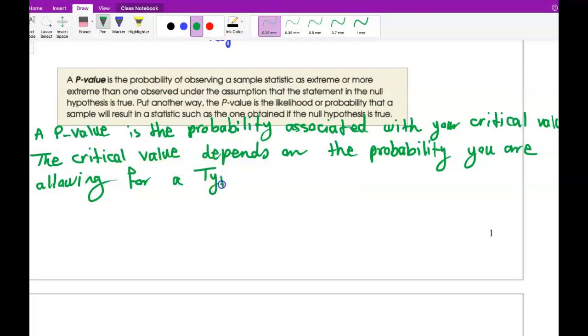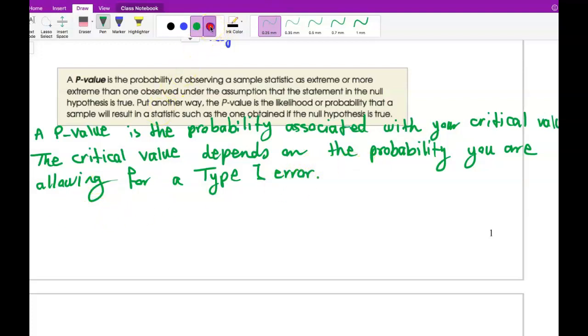For type 1, this was from the previous section. And it measures the chance of getting results at least as strong as yours if the claim were true. What claim? The null hypothesis.